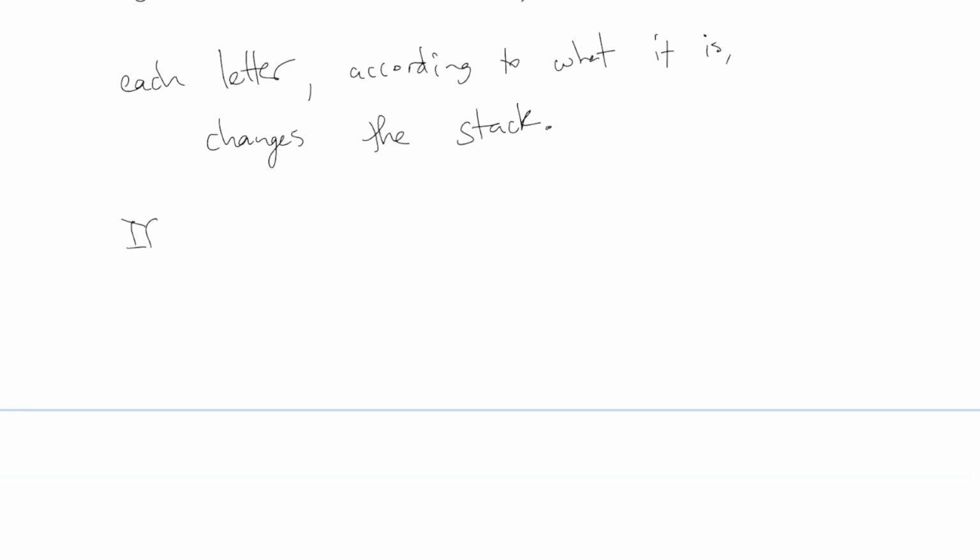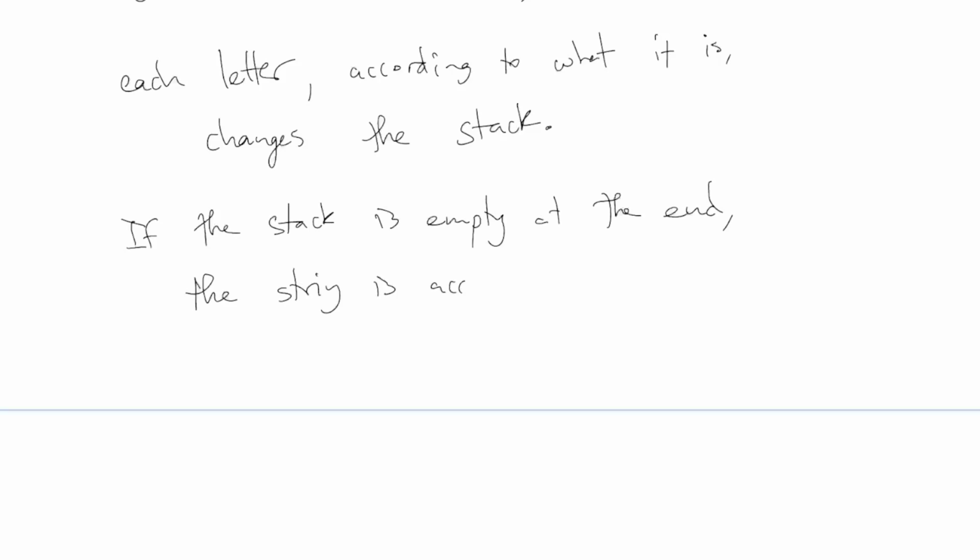So if the stack is empty at the end, the string is accepted. And if the stack is not empty, then it's not accepted. All right? But we'll get back to the details of that. This is the overview. Let me tell you about stacks.